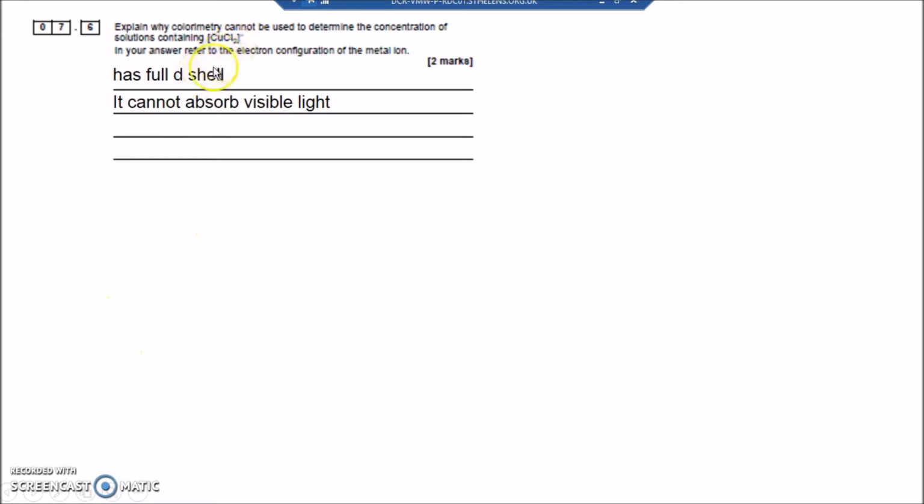This must have a full D shell because it's not absorbing any light, it's not turning into a coloured ion. So colorimetry, which is measuring the colour of the solution, cannot be used to determine the concentration, how much colour is in this solution. This solution must be colourless, and the reason it's colourless is because it's got a full D shell that cannot absorb visible light.